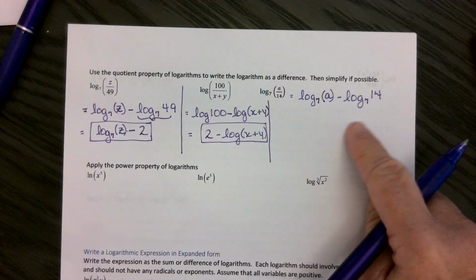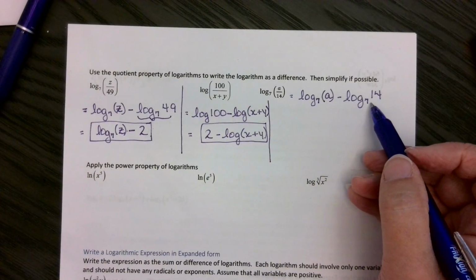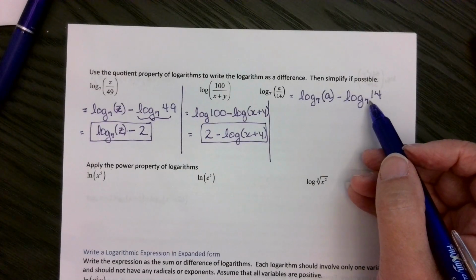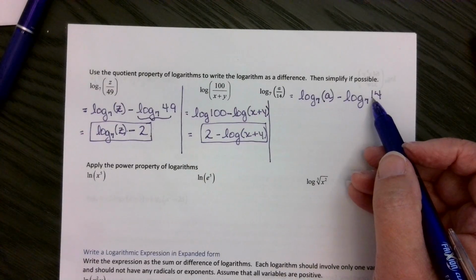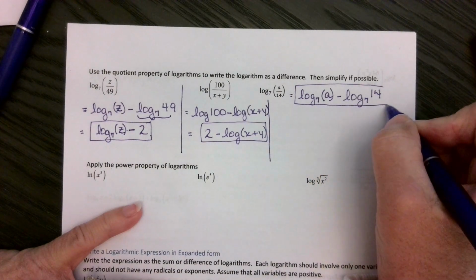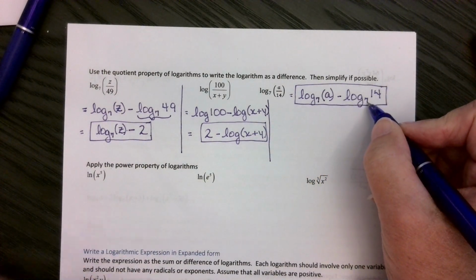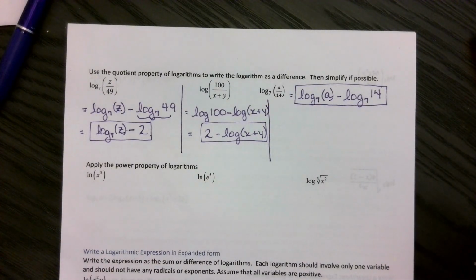You just need to double check here. But be careful, they did this on purpose. It's not 2, because remember, 7 to the second power gives us 49, not 14, okay? It will not simplify, because 7 to the first power gives us 7, 7 to the second power is 49. This is going to give us some irrational number, and we don't want to simplify to that.